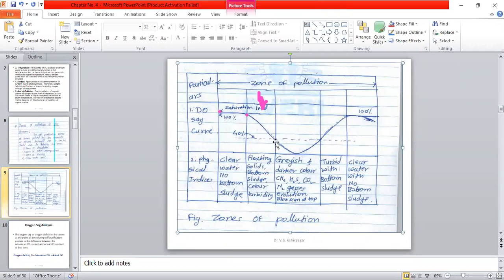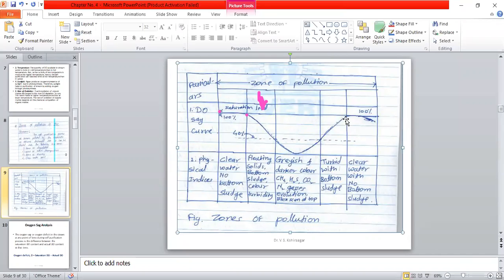But slowly, though this activity reduces the oxygen, many natural activities of self-purification are working simultaneously. They help to increase the level of oxygen in the stream itself. So at the end of this zone, you will see the level of dissolved oxygen rising up again, coming to 40%.